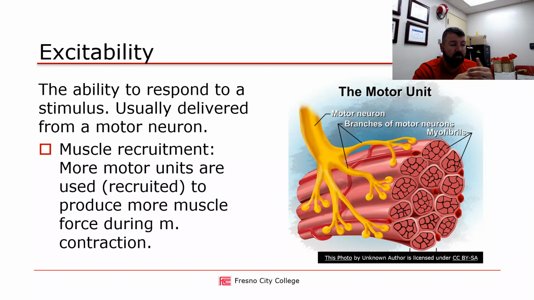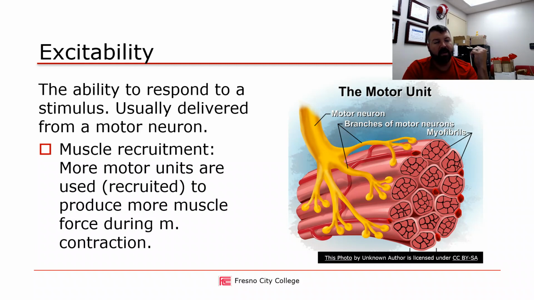So recruitment is utilizing more motor units to do the required task. Let's say I was picking up this marker, doing a bicep curl with it. I don't need a ton of motor units to pick this up because it's relatively light, to oppose gravity and the weight of my arm and everything else. Just for simple sake, let's say I use 10 motor units in my bicep to contract it.